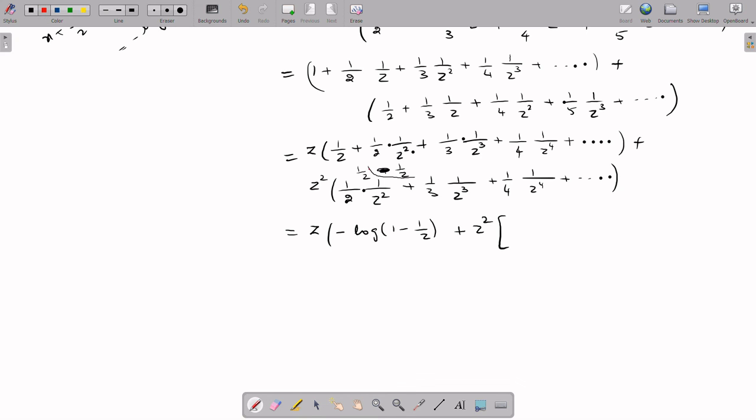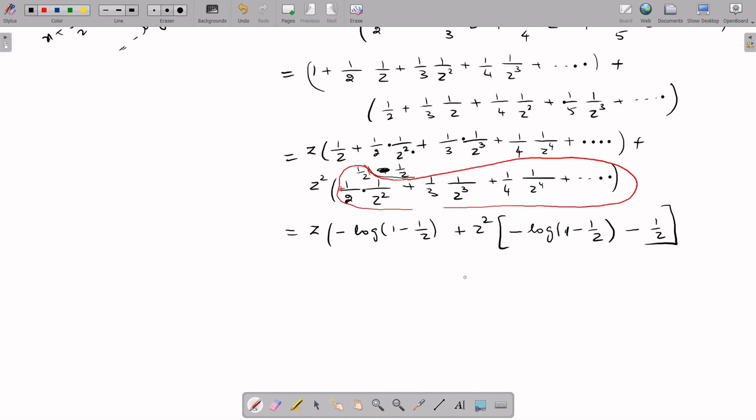We have to take this summation as 1 by Z plus this term, and here you have minus 1 by Z separately. So this redlined term can be taken as minus log of 1 minus 1 by Z, isn't it? And minus 1 by Z is left out, so you have to write this minus 1 by Z here, and this Z squared is common for these two terms.